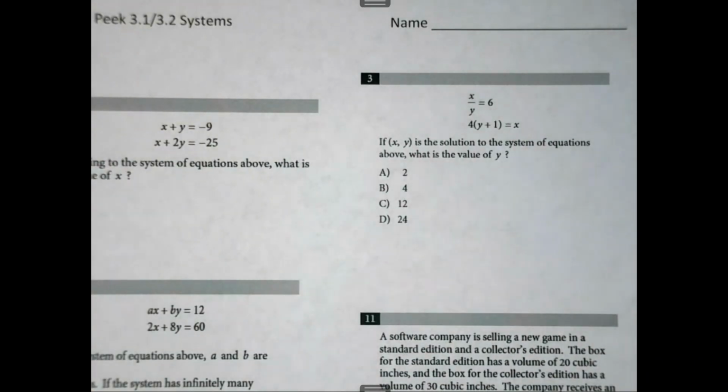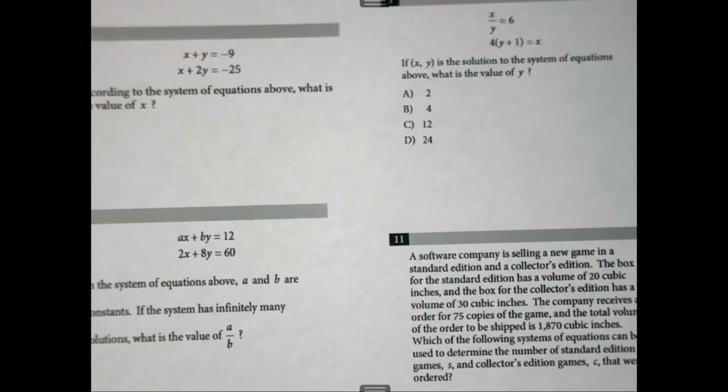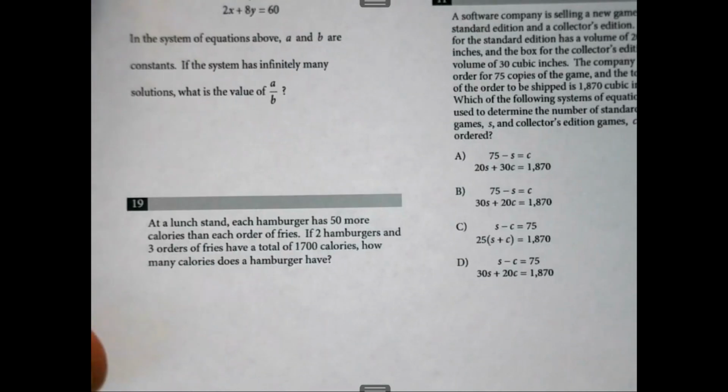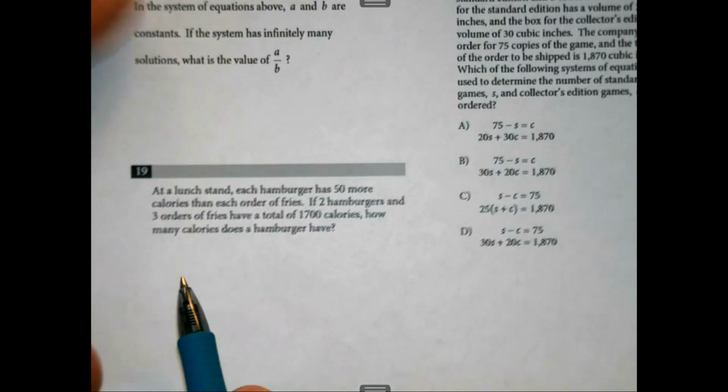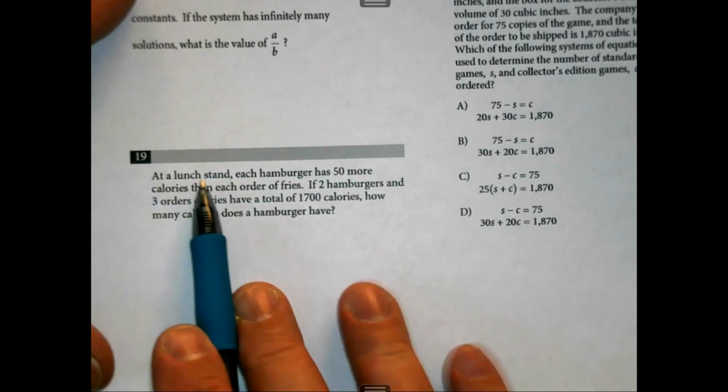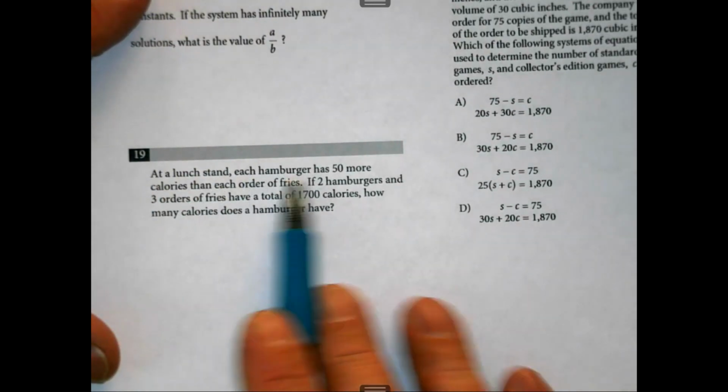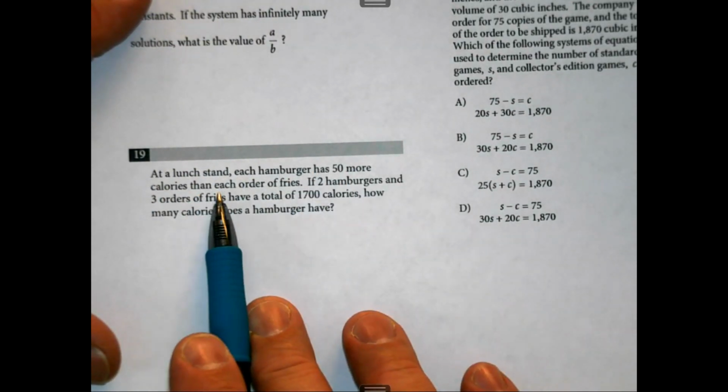How about systems of equations? Let's do a word problem. Number 19 here. At a lunch stand, each hamburger has 50 more calories than each order of fries.